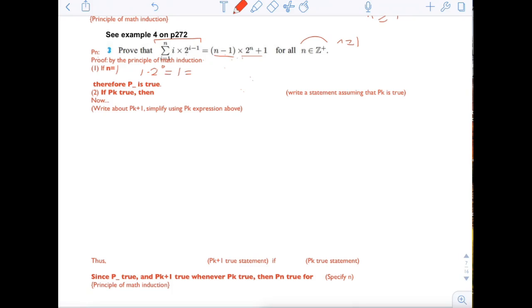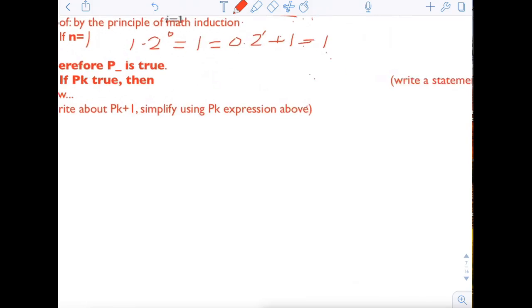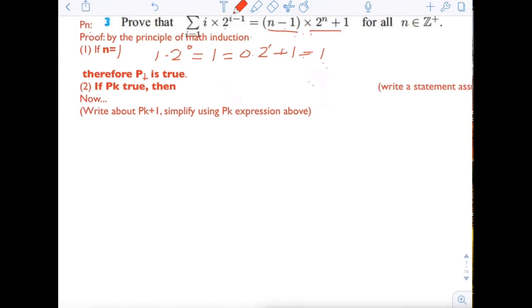And is that equal to n minus 1, which is 0, times 2 to the 1 plus 1? Yeah, because that's 0 plus 1. It's 1. So 1 is equal to 1, and so it's true. Okay? So therefore, P(1) is true.